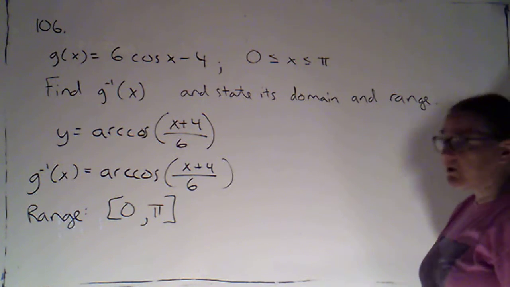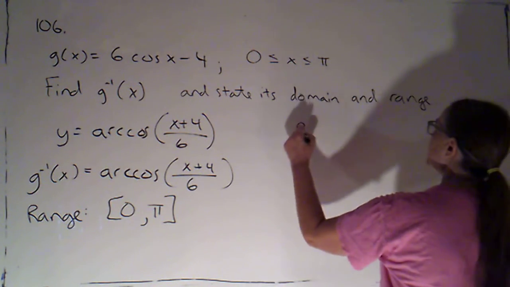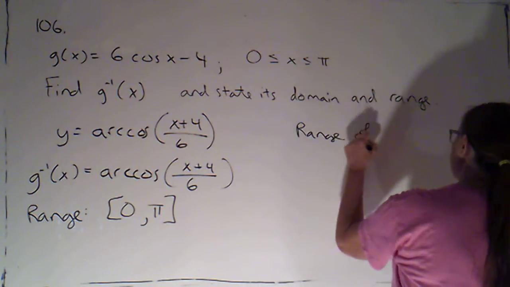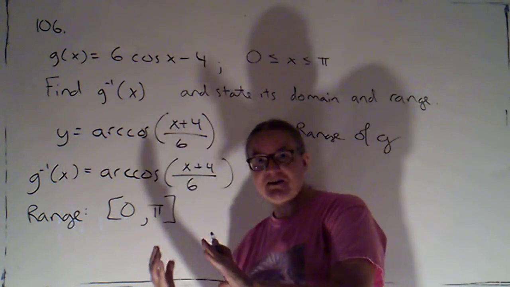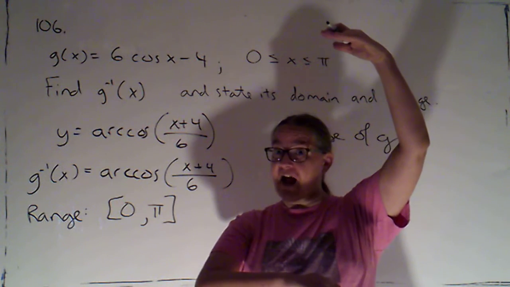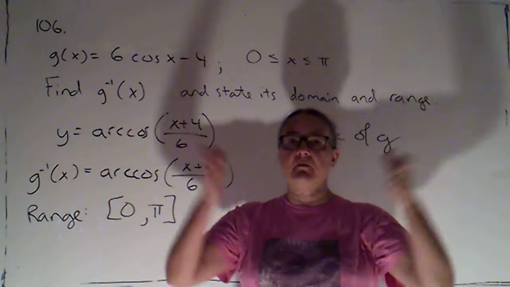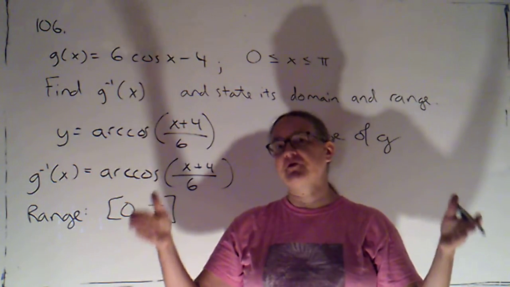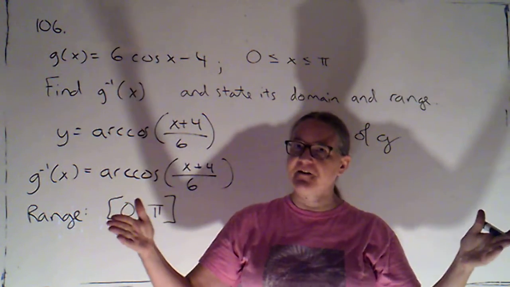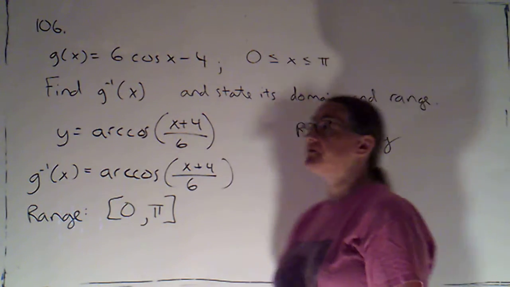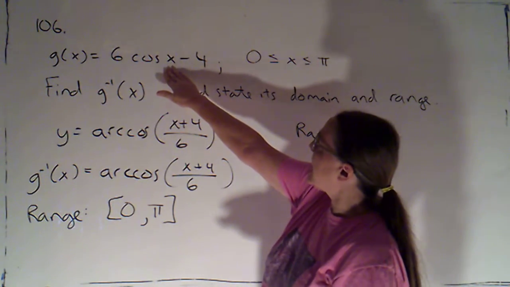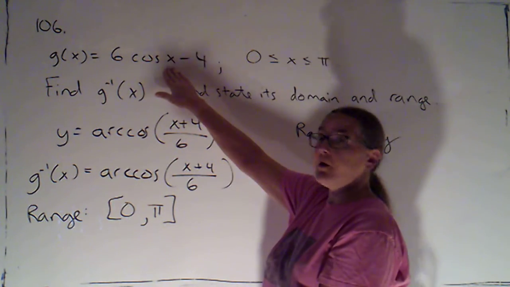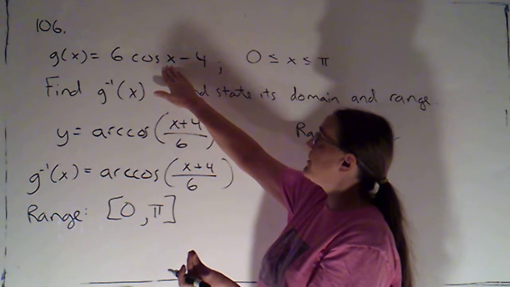But I think it's a whole lot easier to say the range of g is going to be a certain interval. Now for g, that's an interval that corresponds to the y values, but that's going to become the domain for g inverse. It just becomes a horizontal interval corresponding to the x values. And so if I take a look at the original function g, I can see I was just doing a vertical transformation of things.